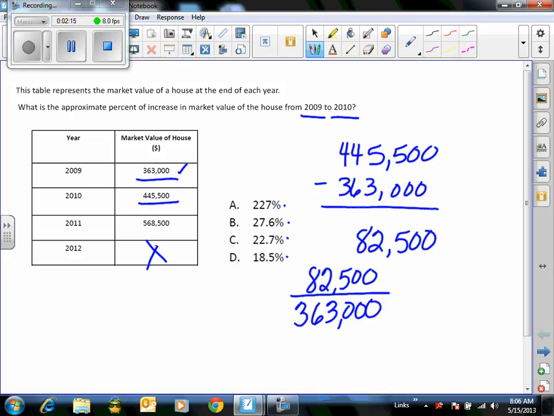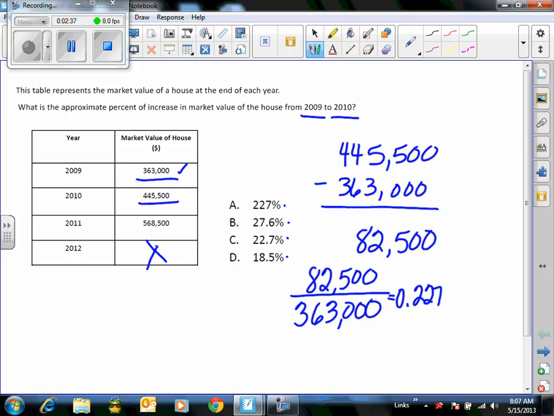So I punch in my calculator. I already have 82,500 in my calculator, divided by 363,000, and I get the decimal 0.227, and then it continues on and on and on, 0.227. So I want to change that to a percent.